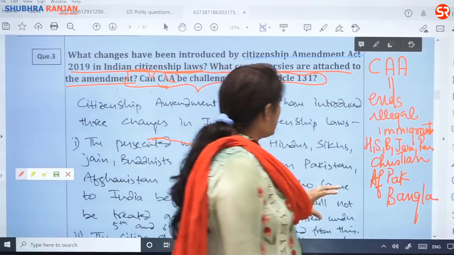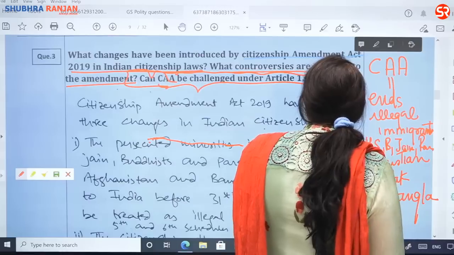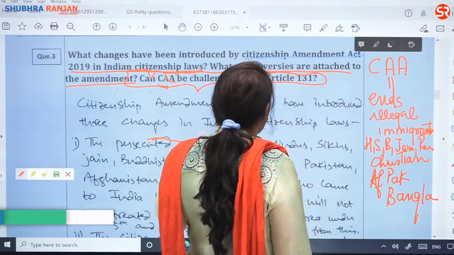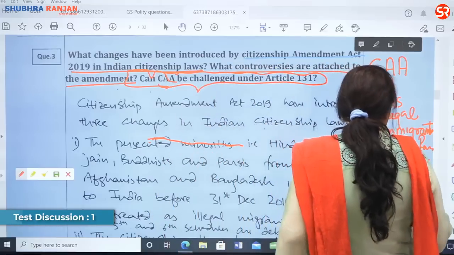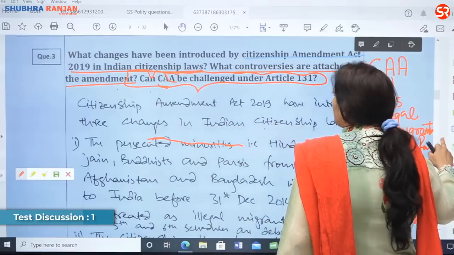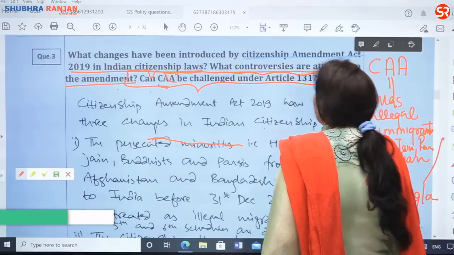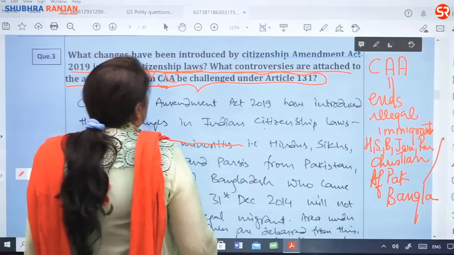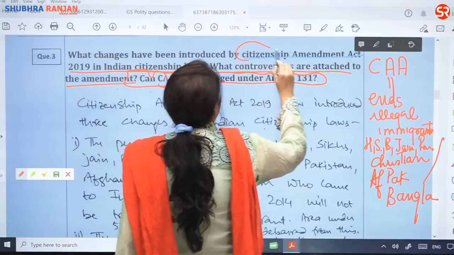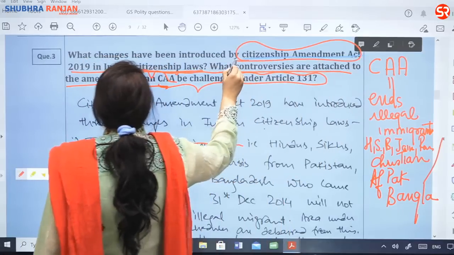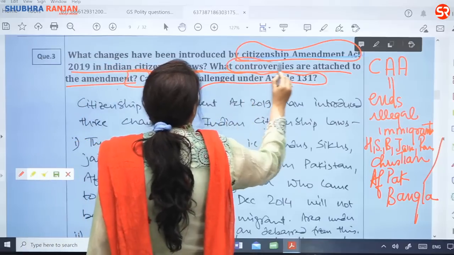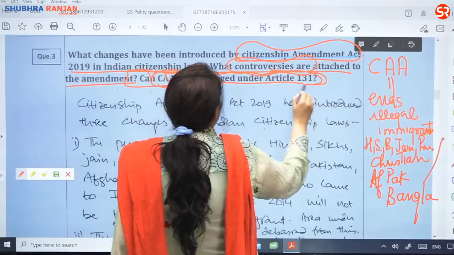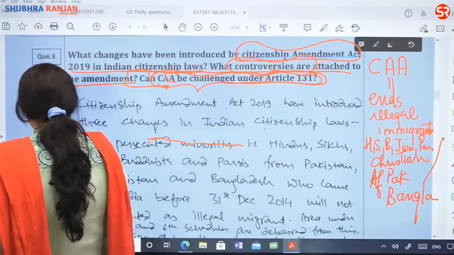Okay, and I will also discuss it in the format of the question which I have asked and how I should have addressed it. So the question is, what challenges have been introduced by the Citizenship Amendment Act, then the controversies, and can it be challenged under Article 131?